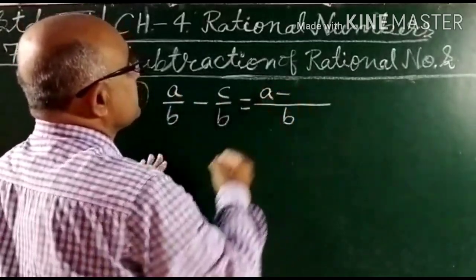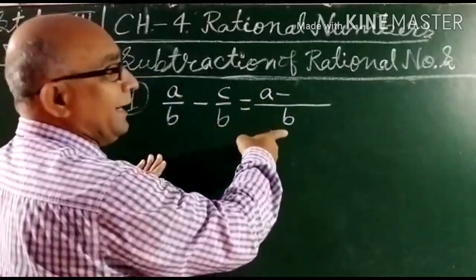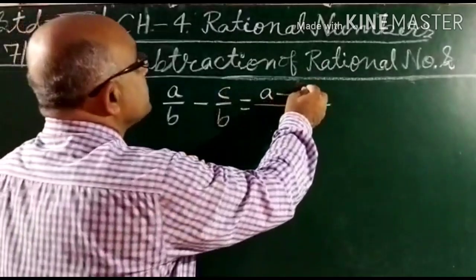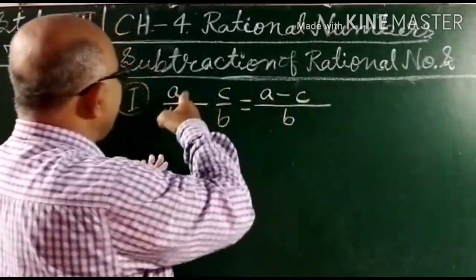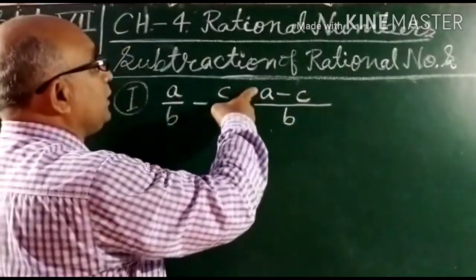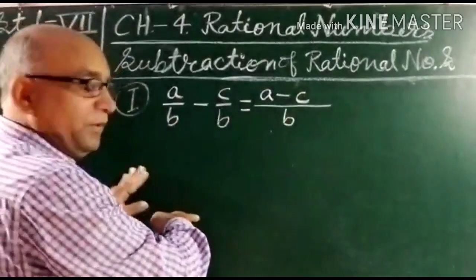The sign is minus, so minus. b divided by b, quotient is 1, so c into 1 is c. So a/b minus c/b equals (a minus c)/b.